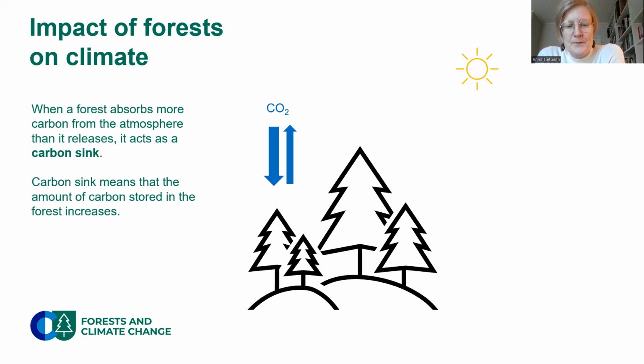All living organisms also respire, so they release CO2 to the atmosphere. This is why you can see in this picture the arrows going in both directions. And when a forest absorbs more carbon from the atmosphere than it releases, it acts as a carbon sink. Carbon sink means that the amount of carbon stored in the forest increases.